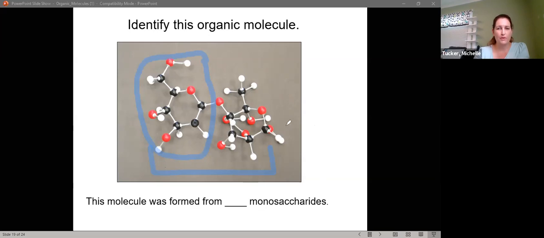If you see both of these, as it is in here, and you saw this question, identify this organic molecule, it's probably looking for disaccharide. It might be asking for maltose, but probably not. It's probably looking for disaccharide, but either of those would be correct. But your lab exam and your lab quiz are both multiple choice.